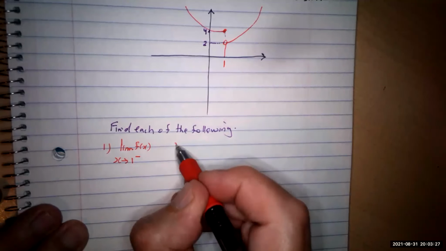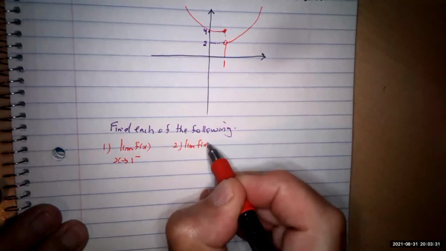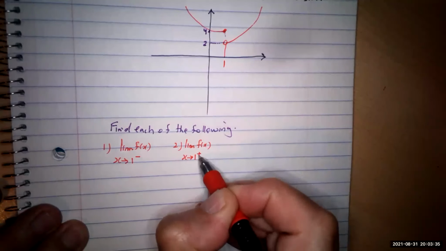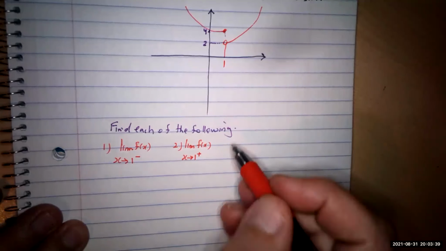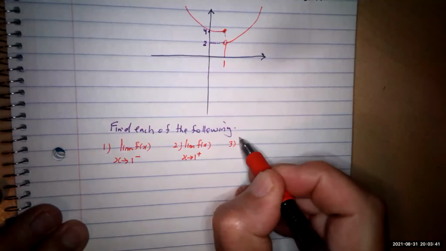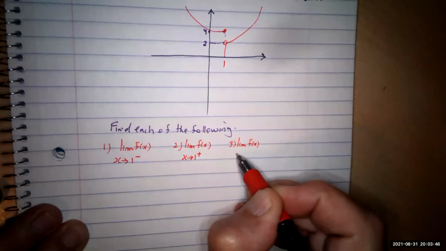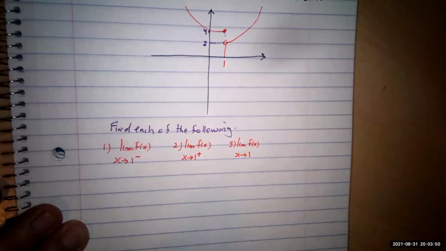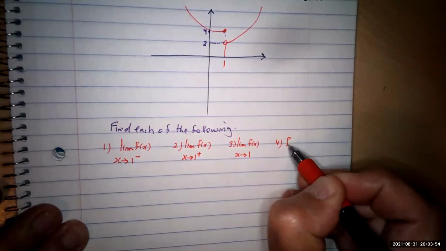The next question is to find the limit of f of x when x goes to 1 from the right, 1 positive. And the third one, we want to know what's going to be the limit of f of x when x goes to 1. And the fourth one, we want to find out what is f of 1.